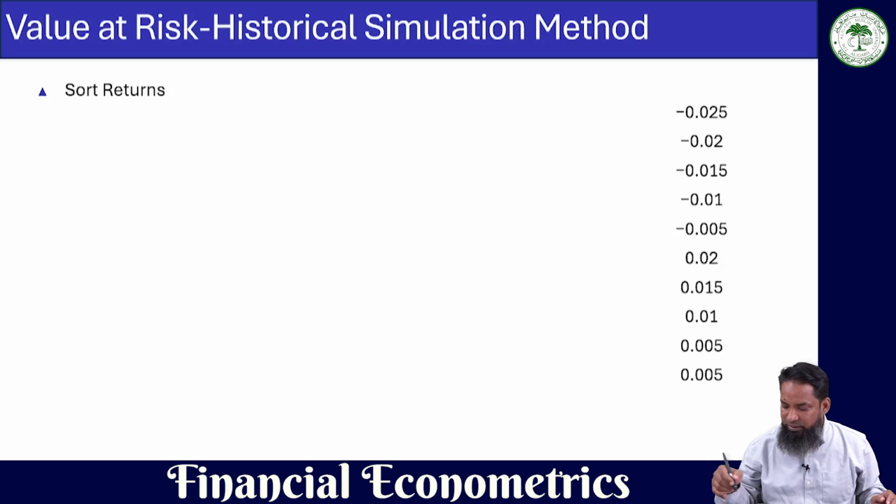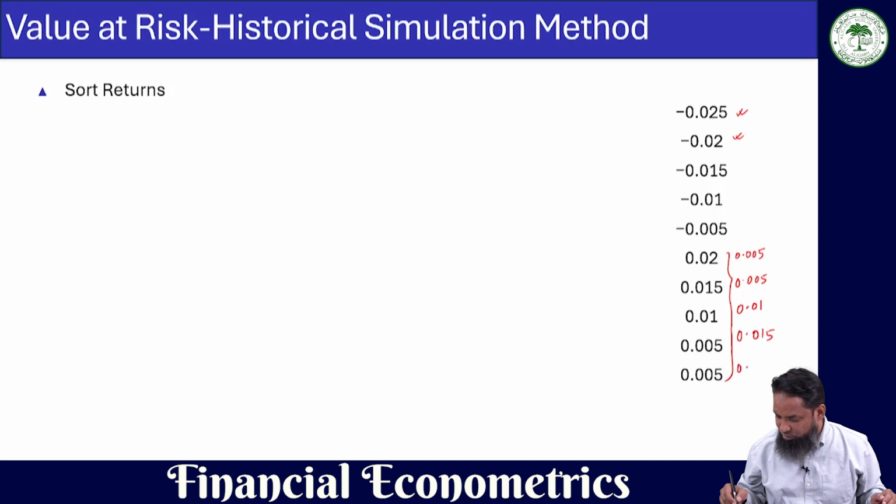So here we can see that we have the minimum, then higher than that. This basically should be 0.005, 0.005, then 0.01, then 0.015, and 0.02. That is basically the ascending order in which we sort the returns.